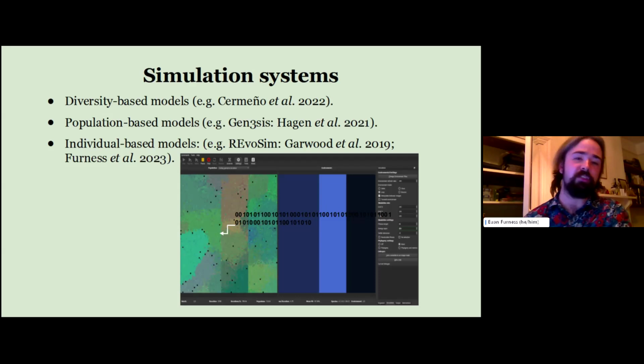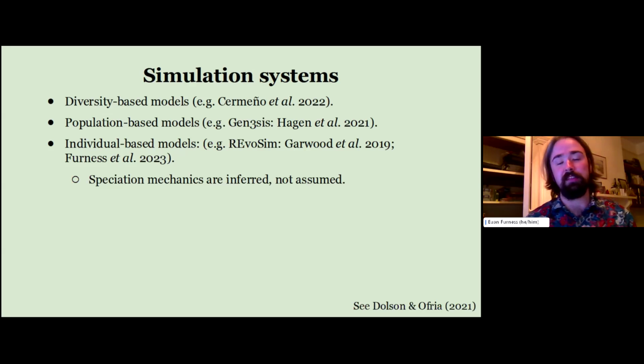All of these different approaches have their costs and benefits. Broadly, as you get more fine-grained, as you go from diversity to population to individual-based modeling, you are increasing the amount of computational effort required. But once you start modeling things at an individual-based level, there are significant upsides as well. Because every individual has its own genome, for example, our speciation mechanisms are not imparted upon the model, but rather emerge from the model organically.